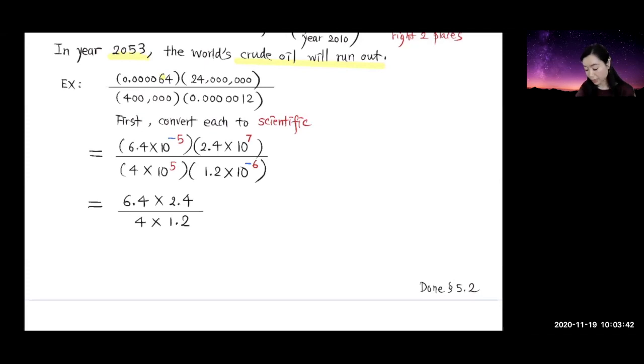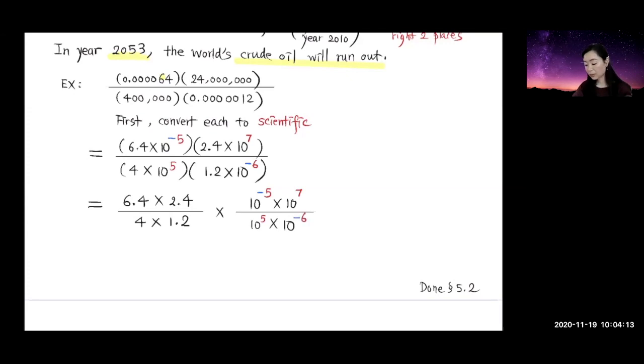And then this part over here will have those powers of 10 together. So 10 to the negative 5 times 10 to the 7, over 10 to the 5th times 10 to the negative 6.